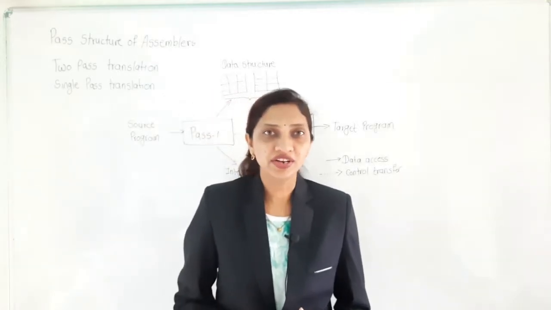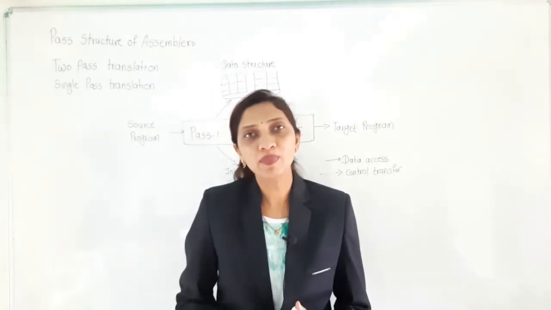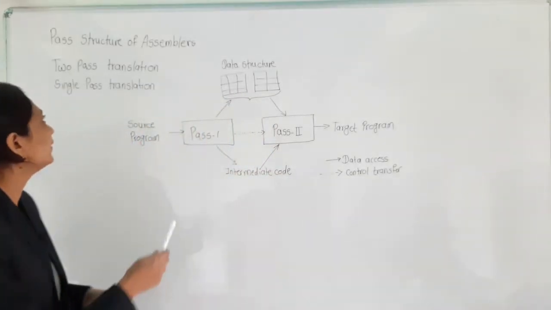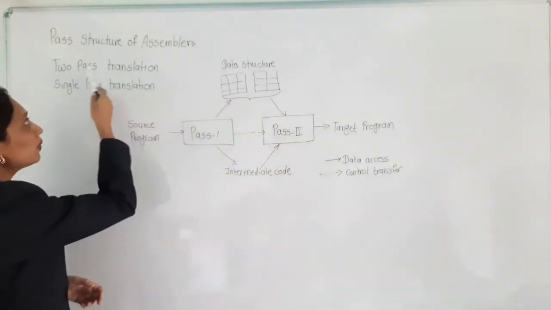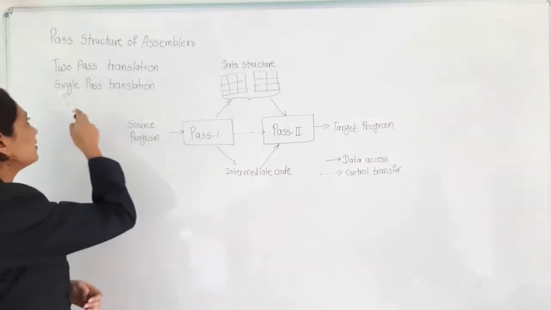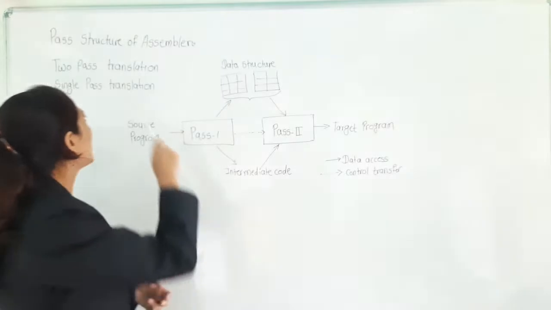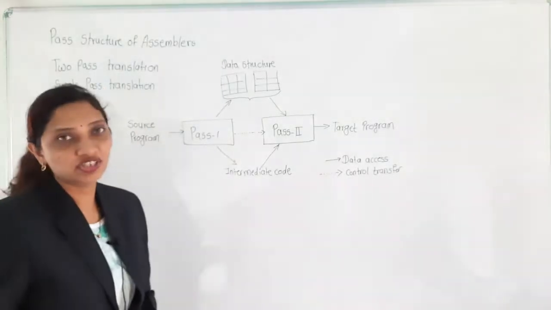So there is a need to reduce the number of passes in the assembler. Here we learn about two pass translation and single pass translation. First we learn about two pass translation.